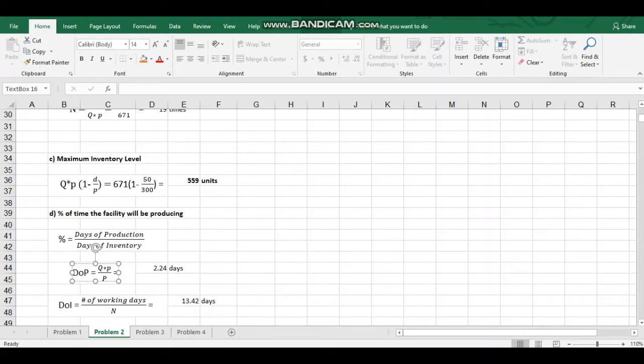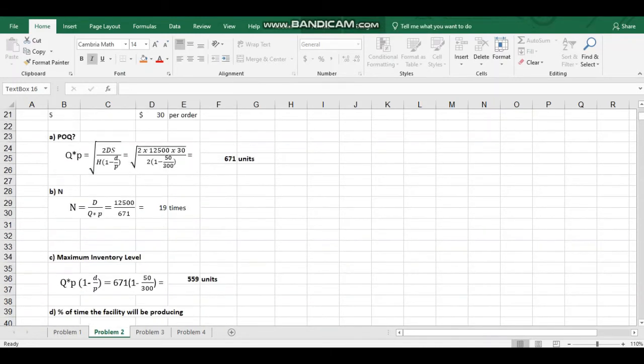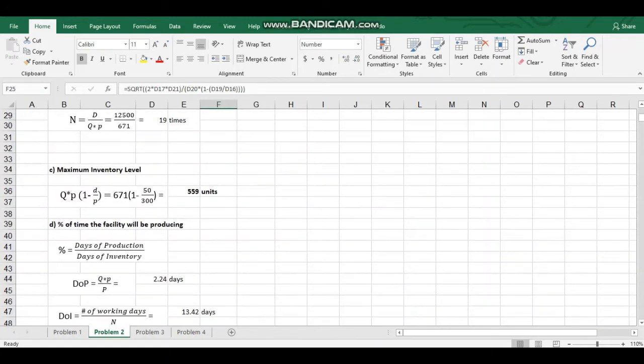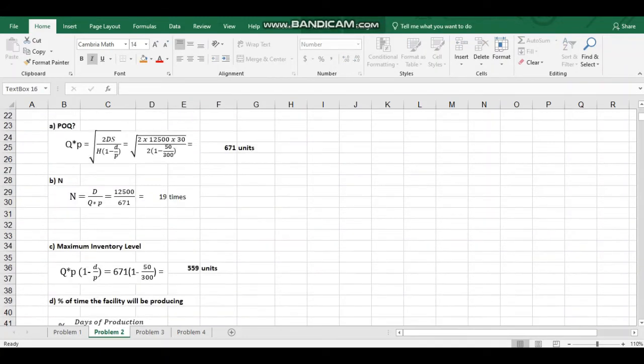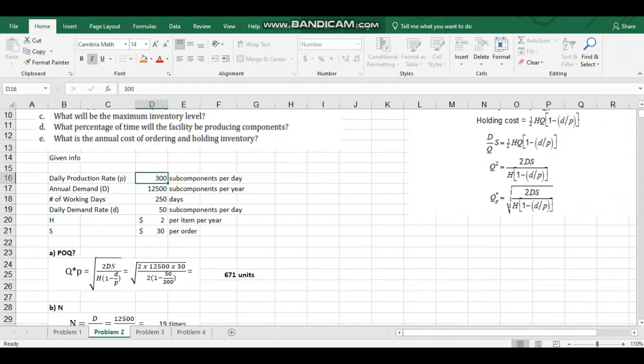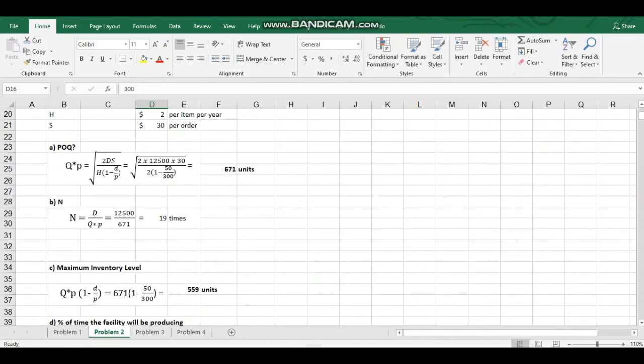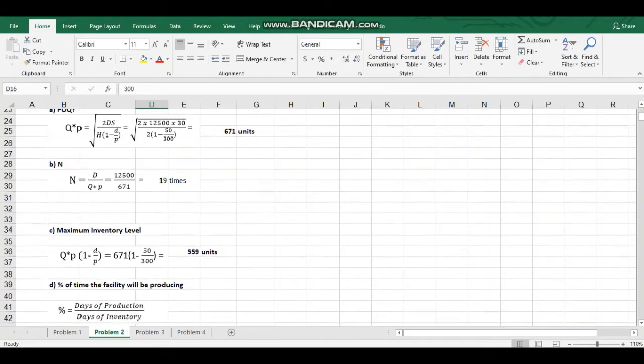So first is days of production, or DOP. We get it by dividing the Q star with the daily production rate. So the Q star is this one, okay, 600, and then divided by the daily production rate, which is 300.